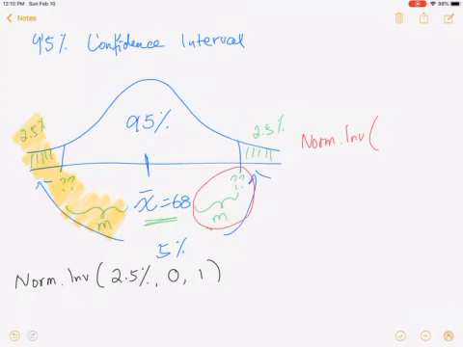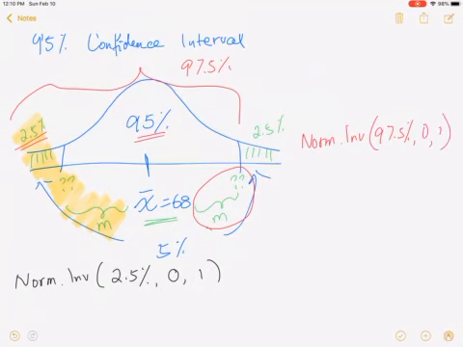My percentage now is going to be 97.5, combining the 95% and the 2.5%, then 0 and 1. So I'm going to put my Excel and calculate those two numbers.